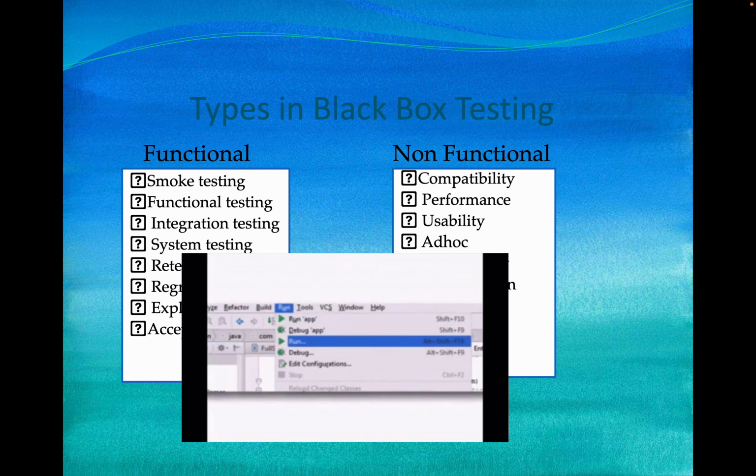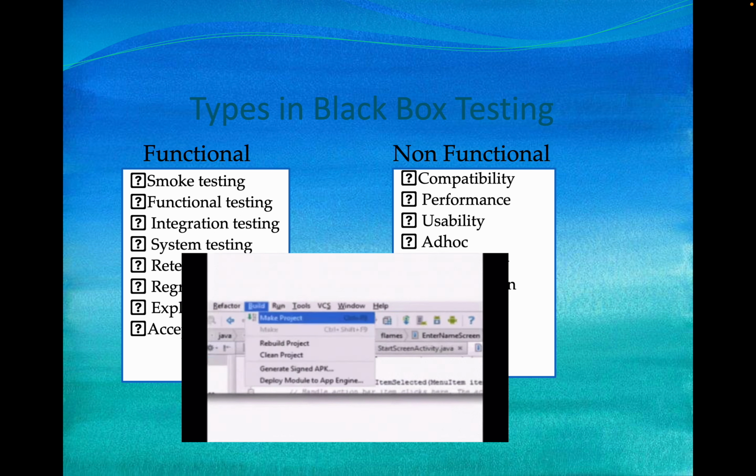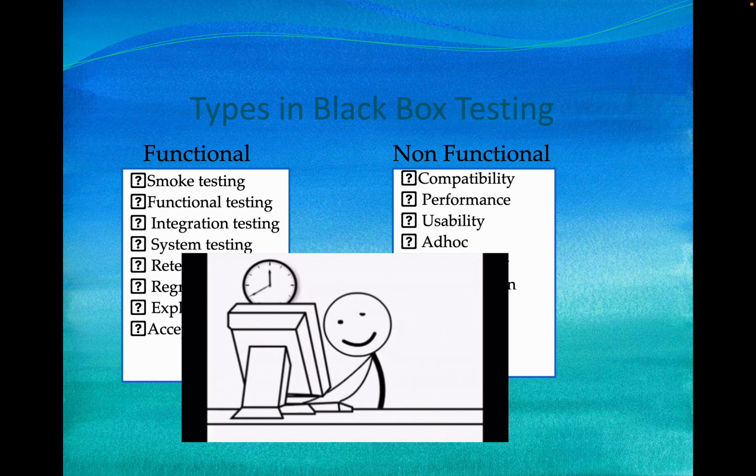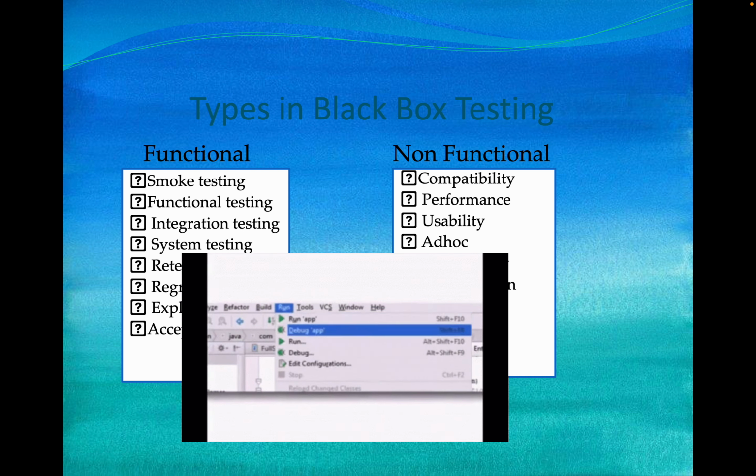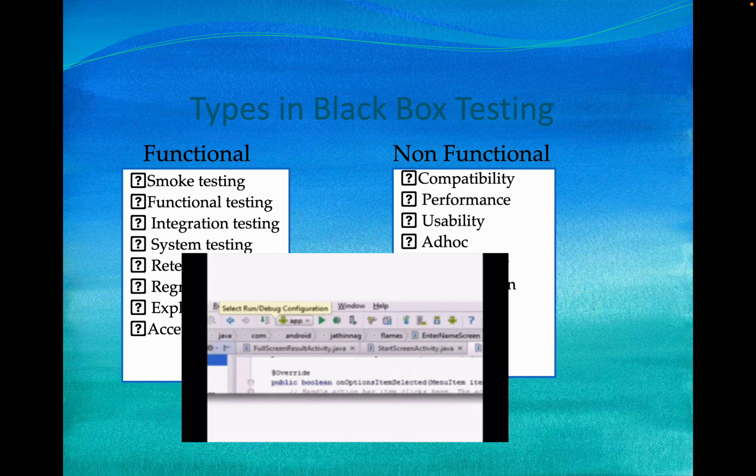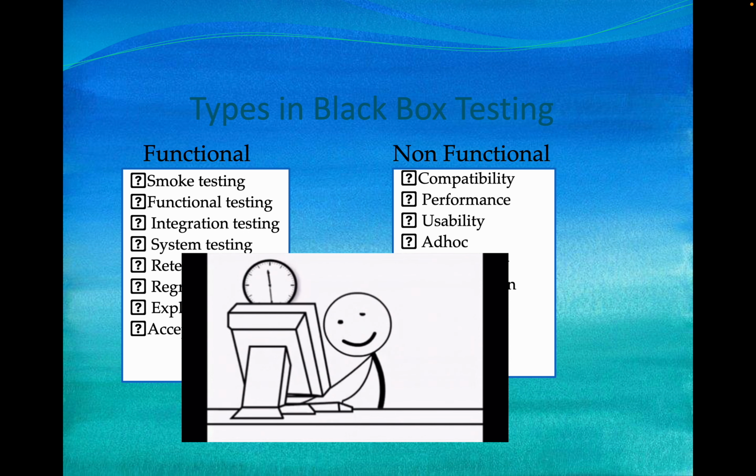So for example, equivalence partitioning is basically a process of methodically reducing the huge set of possible test cases into a much smaller but still equally effective set.